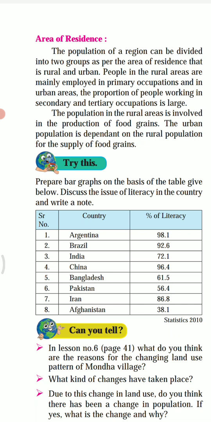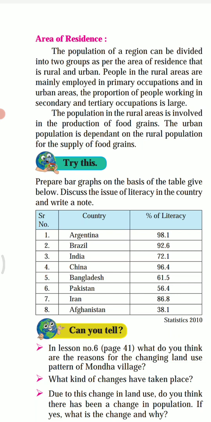The population in the rural areas is involved in the production of food grains. The urban population is dependent on the rural population for the supply of food grains.